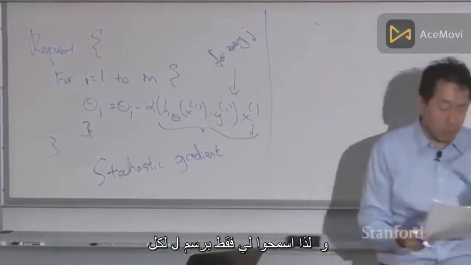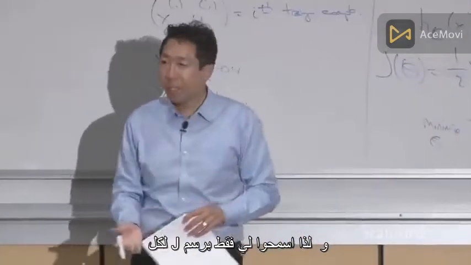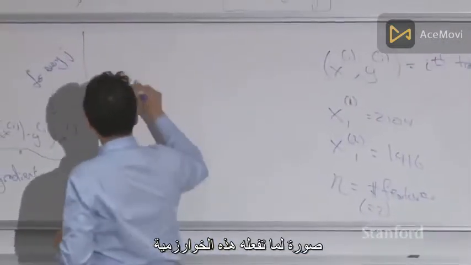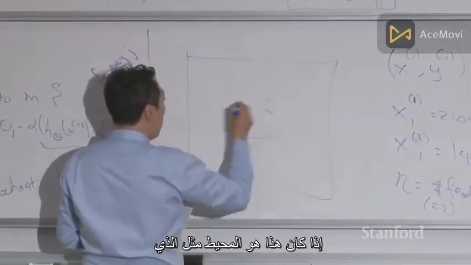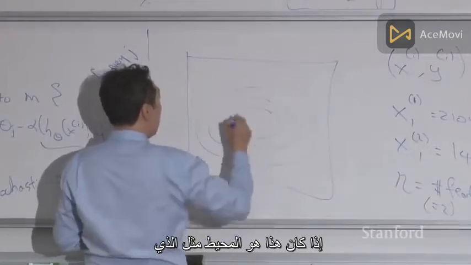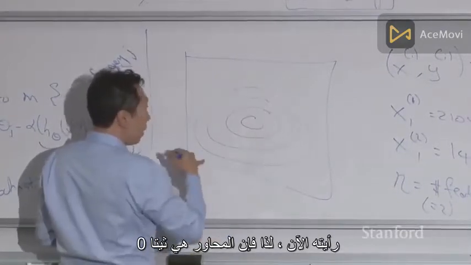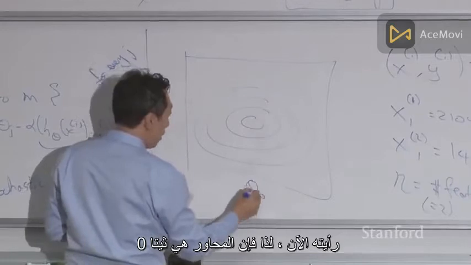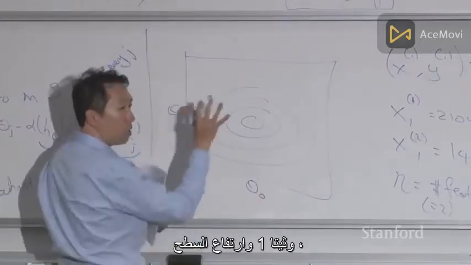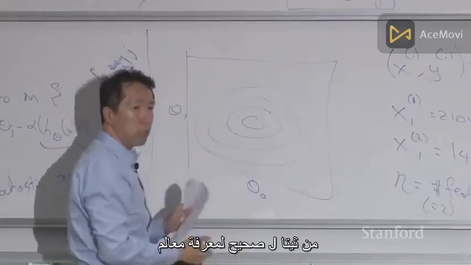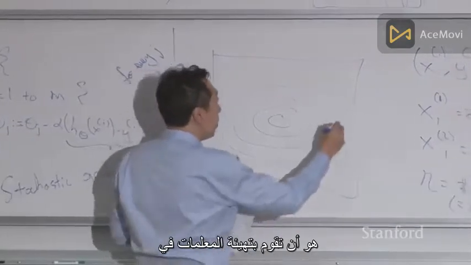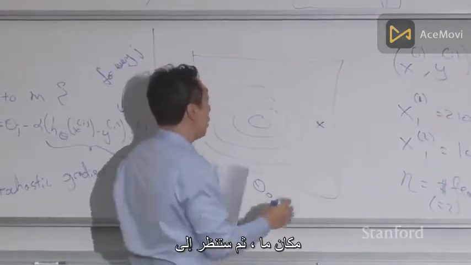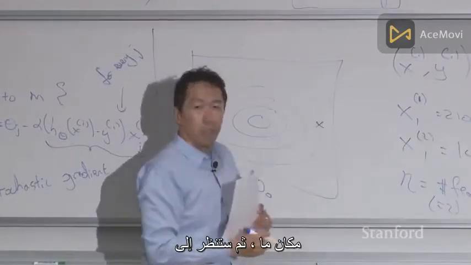Let me just draw a picture of what this algorithm is doing. If this is the contour, like the one you saw just now, the axes are theta 0 and theta 1, and the height of the surface, denoted by contours, is J of theta. With stochastic gradient descent, you initialize the parameters somewhere, and then you look at your first training example.